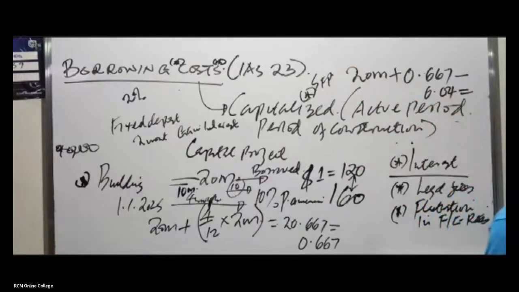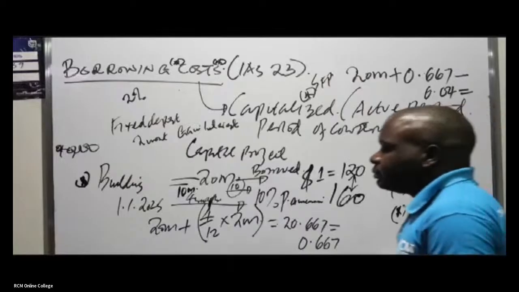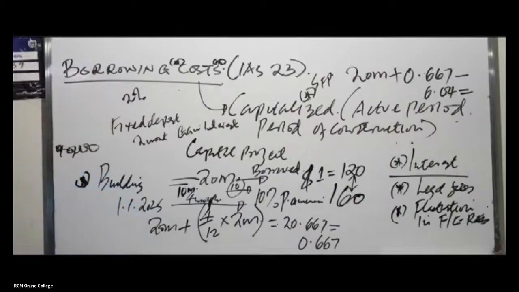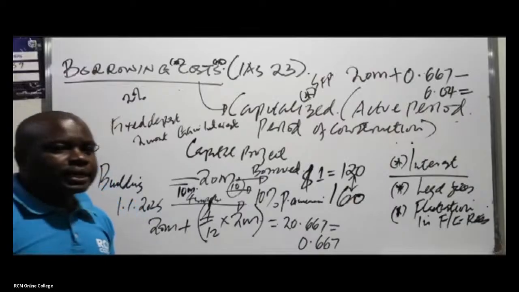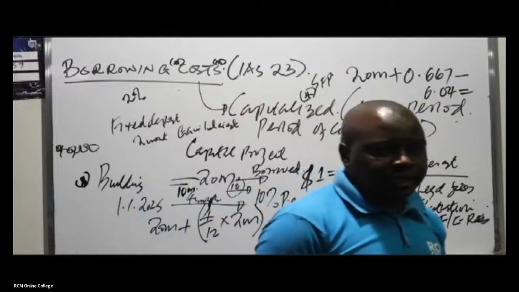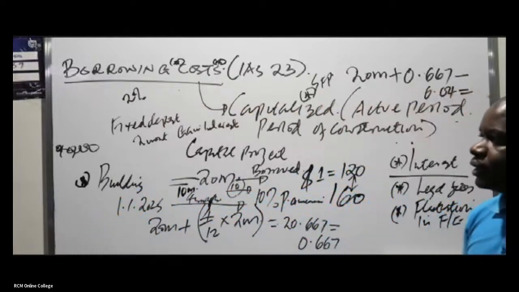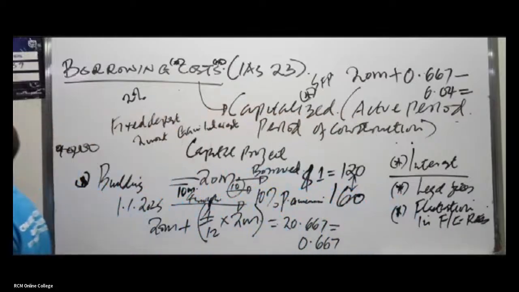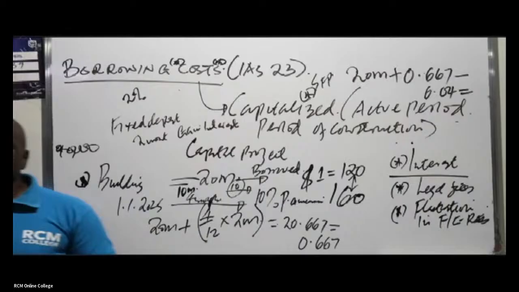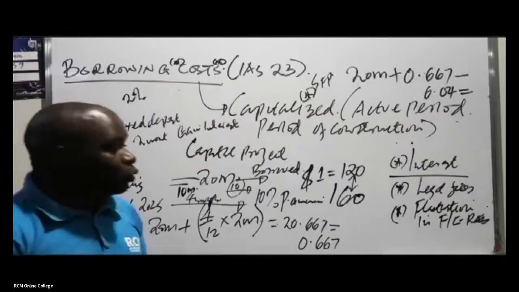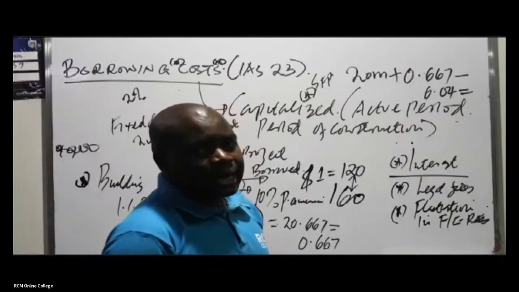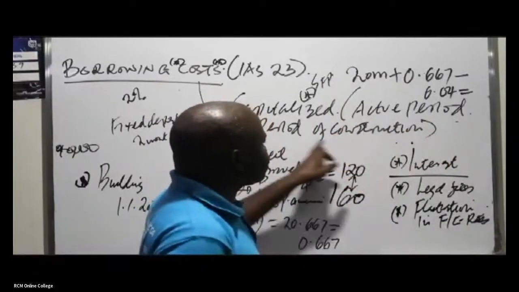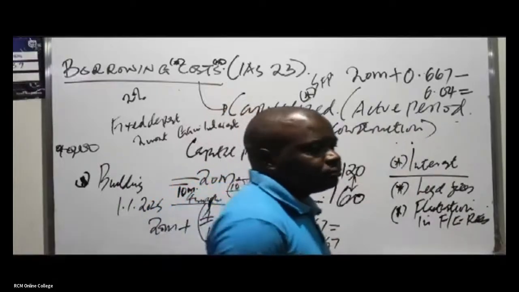Of essence here, what you're driving home is that reporting entities sometimes incur what we call borrowing costs. If these borrowing costs have arisen as a result of a borrowing that was utilized for a capital project, the borrowing cost should be included as part of the cost of the asset at the end of the financial year. But which kind of borrowing cost? Only the borrowing cost that was incurred during the active period of construction of the capital project.